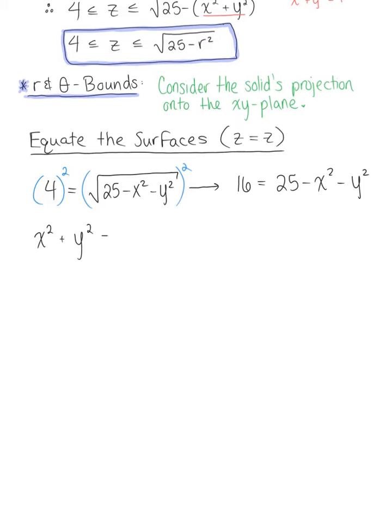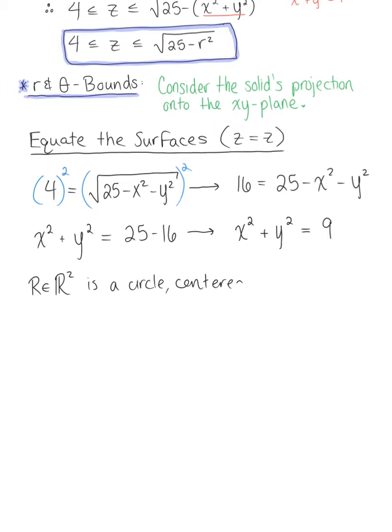So we have x squared plus y squared is equal to 25 minus 16. And here we go. We are left with the equation of a circle, x squared plus y squared is equal to 9. So we can see that the solid's projection onto the xy plane is a full circle centered at the origin with a radius of 3.